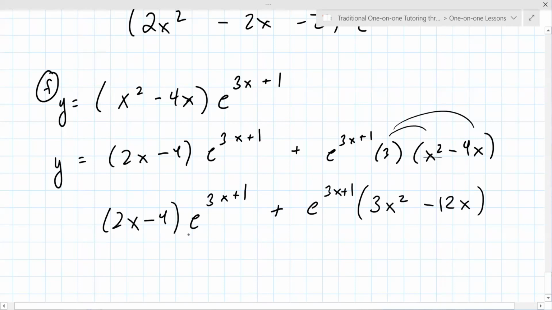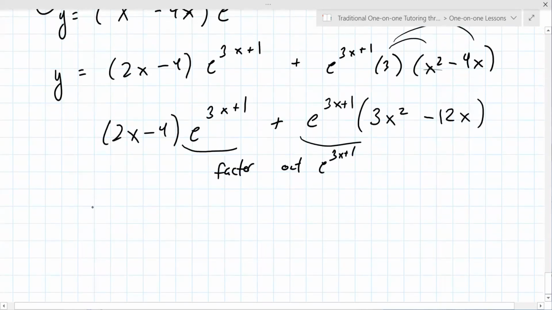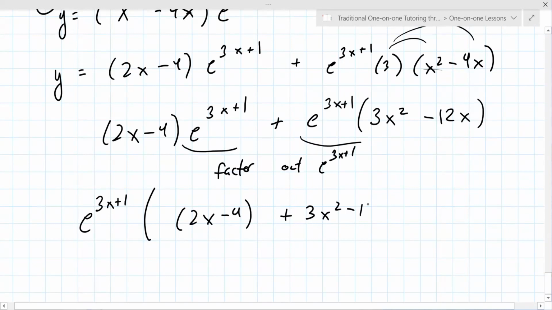So maybe a better way to look at this is you can factor out the e to the 3x plus 1 from both, because it becomes e to the 3x plus 1 times 2x minus 4, plus that's this over here, 3x squared minus 12x.